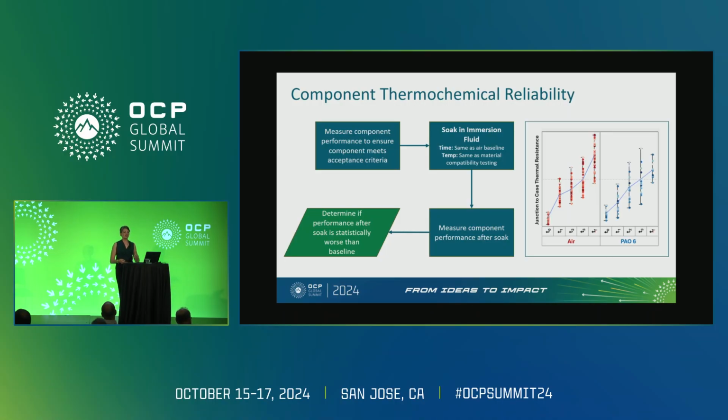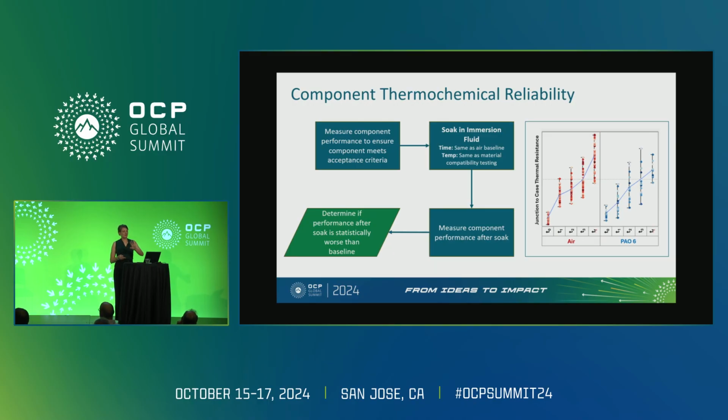And when we did this, specifically for our junction to case thermal resistance, which for this failure mode was what we were measuring, what we did observe in this case was for the time that we tested against our thermomechanical baseline and for our existing results, we did not see a statistically different response in the junction to case thermal resistance after these packages were soaked for the same period of time that we would do for our thermomechanical baseline. So this was actually a really positive result for us. We didn't see a risk with these test vehicles.